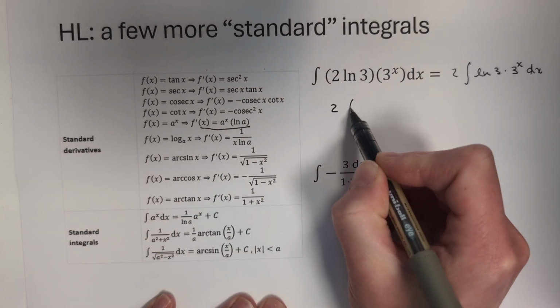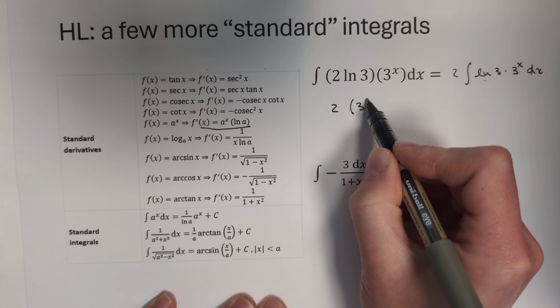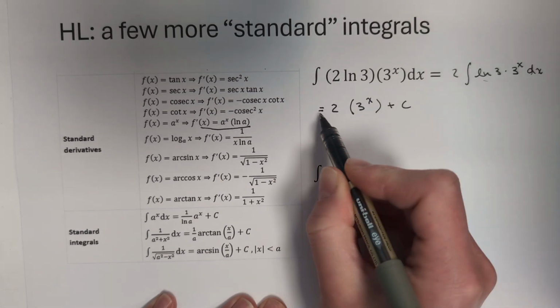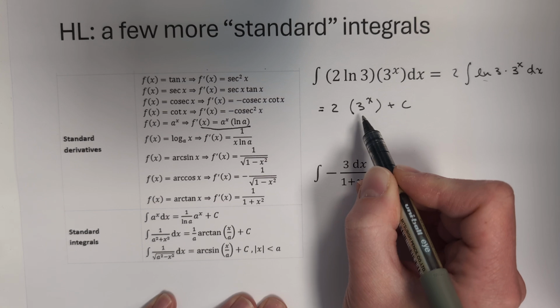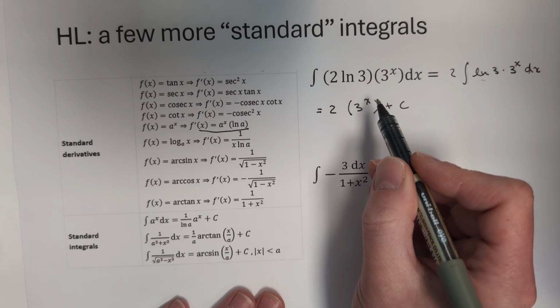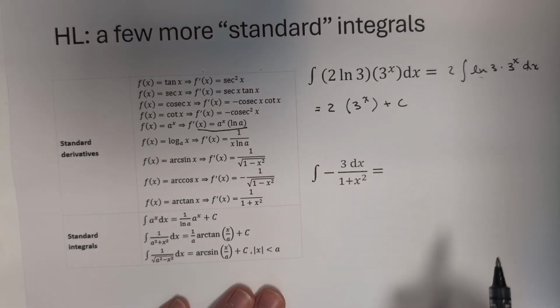So I have 2 still, and the antiderivative is 2 times 3 to the x plus c. Do not try to multiply 2 times 3 and say that's 6 to the x. That's not true. Remember, the order of operations says we would have to do 3 to the x first.